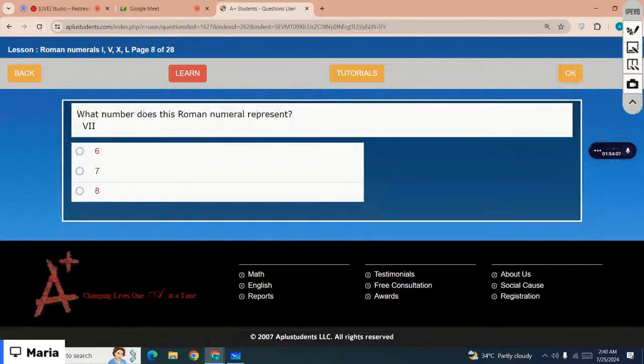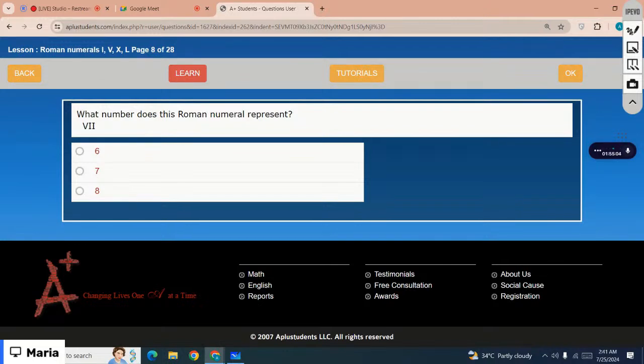What number does this Roman numeral represent? Which number is it? That is 7.